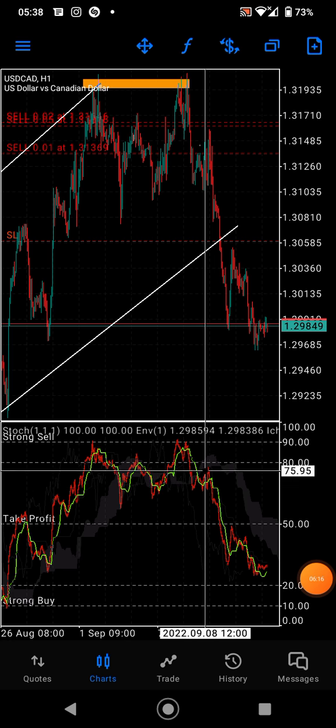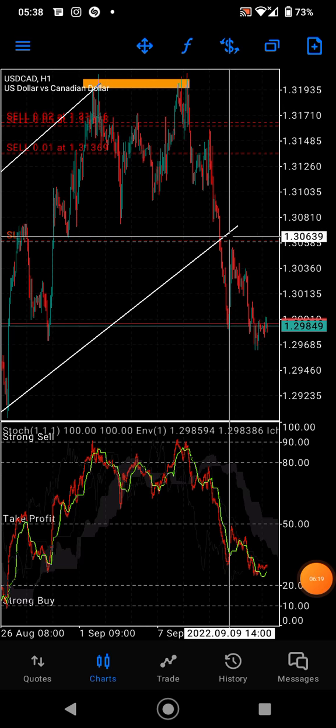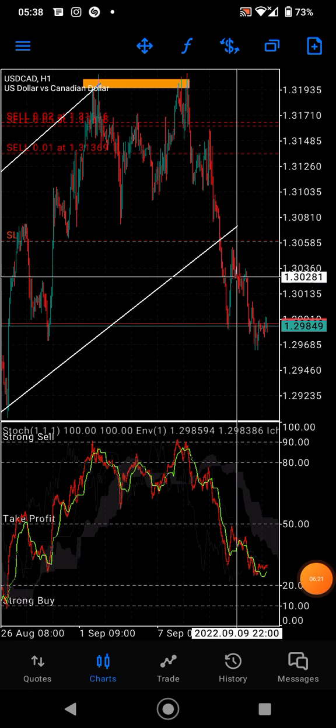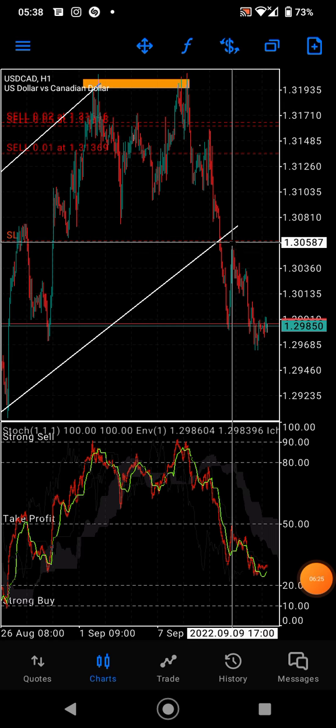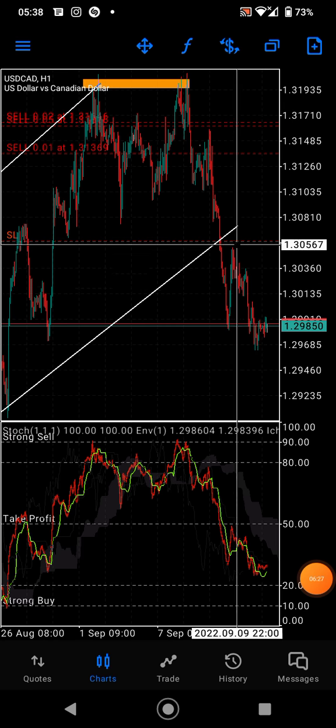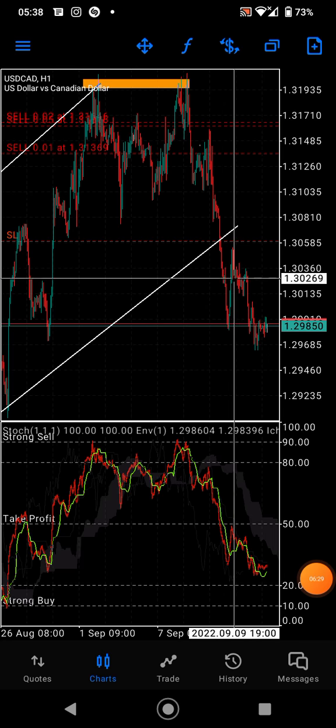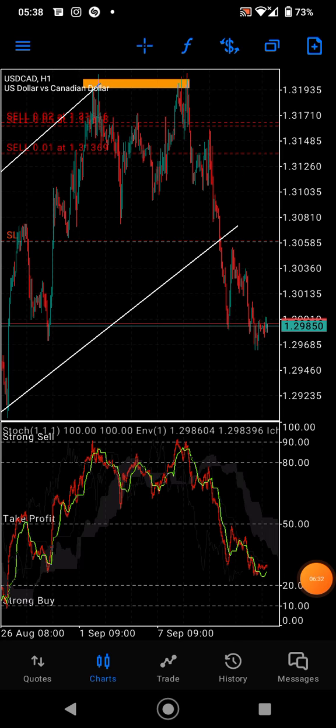Here was the small correction. The price came back, tested this previous level, and started heading downwards.